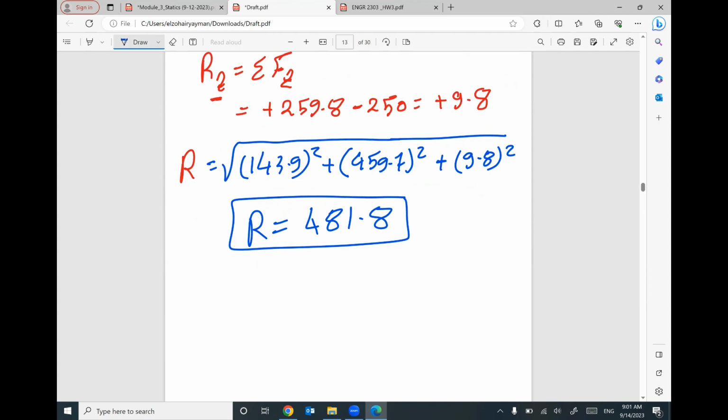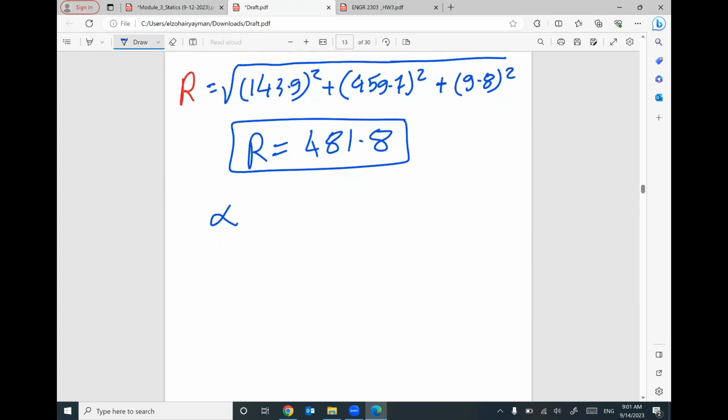Direction angles alpha, beta, gamma for your resultant. These angles are called the direction angles of the resultant.